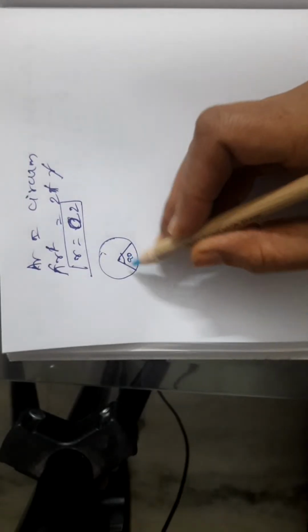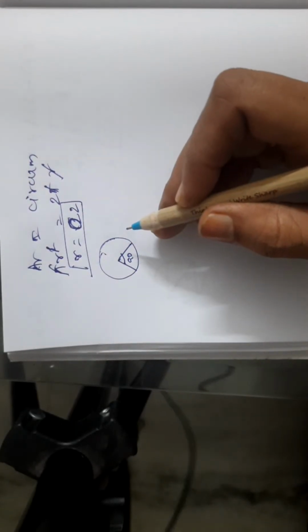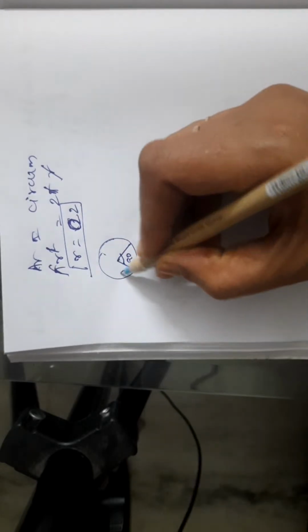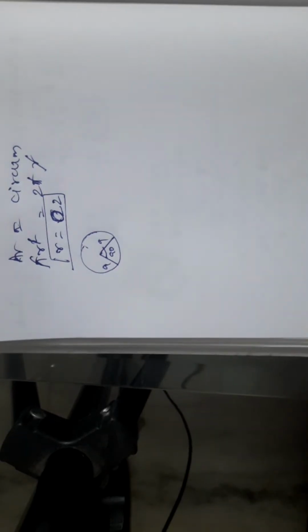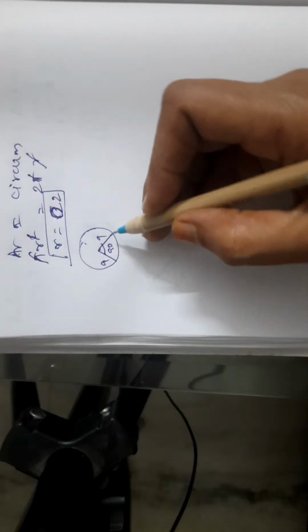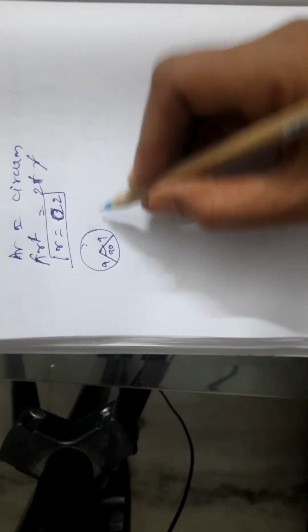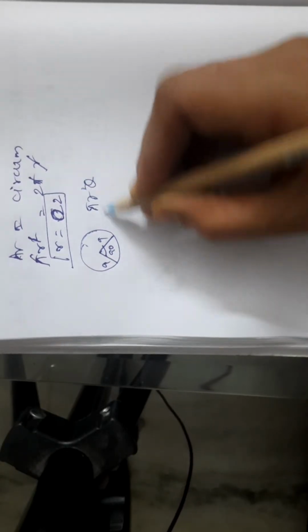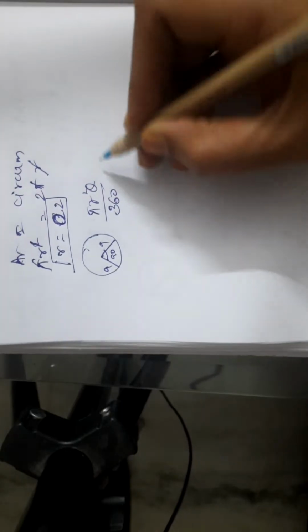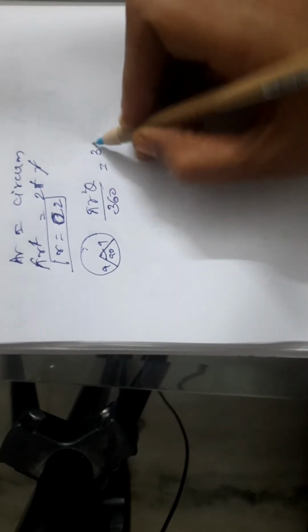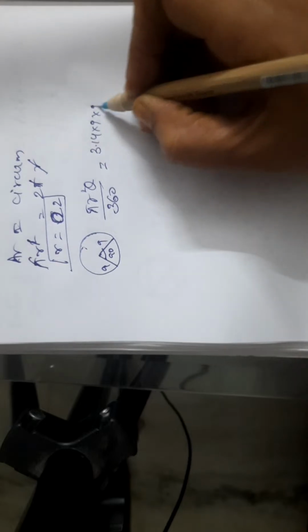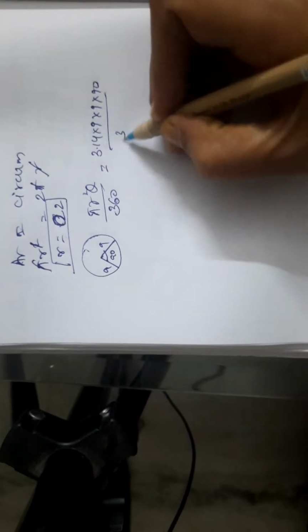So this area of sector we need to find out. Radius is given 9. So quite simple question. When theta is 90, here area of sector is asked. So direct formula is there, pi r square theta by 360. Pi 3.14. Radius is 9. Theta is 90 whole divided by 360.